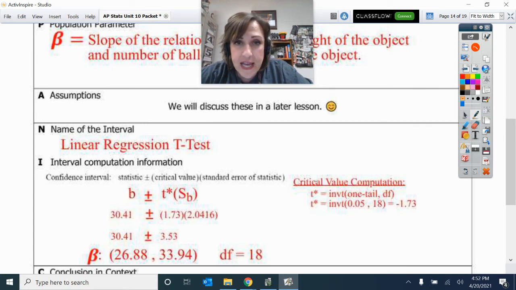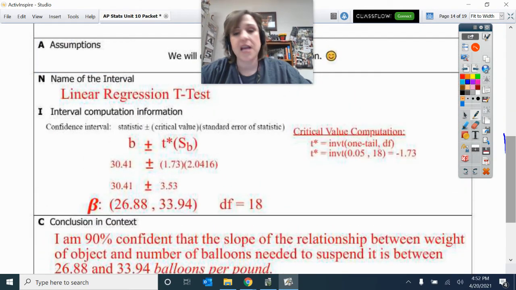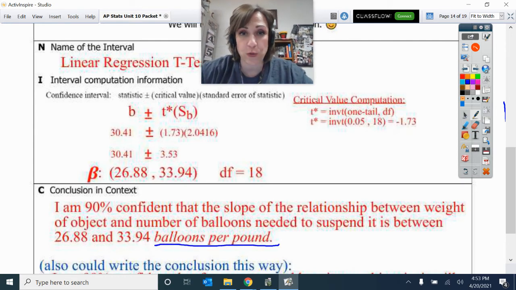There is my estimation for the slope of the relationship between the object's weight and the number of balloons. So how confident were we? I am 90% confident that the slope of the relationship between the weight of an object and the number of balloons needed to suspend it is between 26.88 and 33.93 balloons per pound.